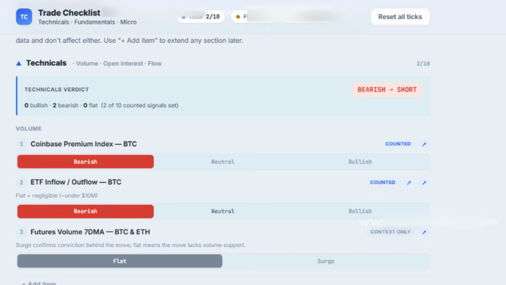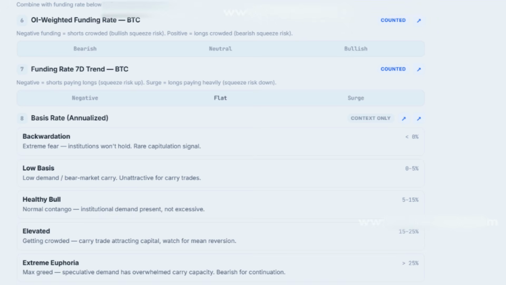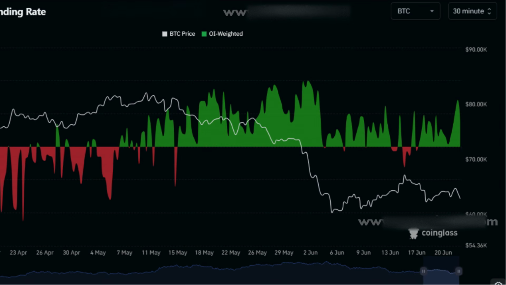Now let's go to the other part of our trading checklist: OI weighted funding rate, 7-day moving average funding rate of the exchanges, and basis rate of the exchange. Again, the OI (open interest) weighted funding rate has been taken from CoinGlass, coinglass.com, and you can clearly see there is a large spike on Monday, the green one.